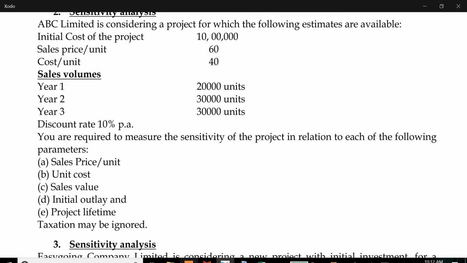Okay, the same similar scenario, there's an initial outflow, there's a selling price given, there's a cost price. I am required to measure the sensitivity for selling price, cost price, sales value, initial outlay and project lifetime. I'll explain what is to be done with project lifetime in some time. Let's first compute the NPV using the same structure.